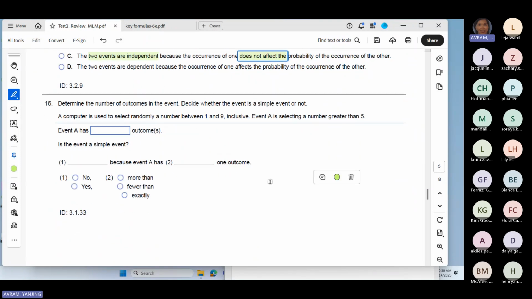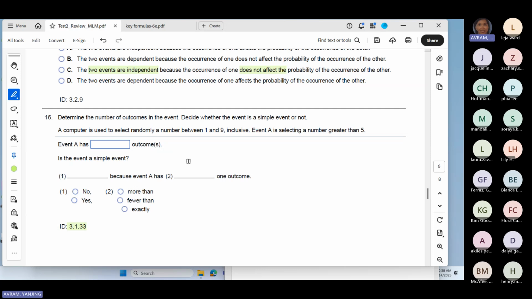All right, let's look at the last one for today. Determine the number of outcomes in an event. And again, this one is a random sample, random order. That's why you can see this is 3.1, but it's the last one, because everything is randomly ordered in here. Determine if the event is a simple event or not.